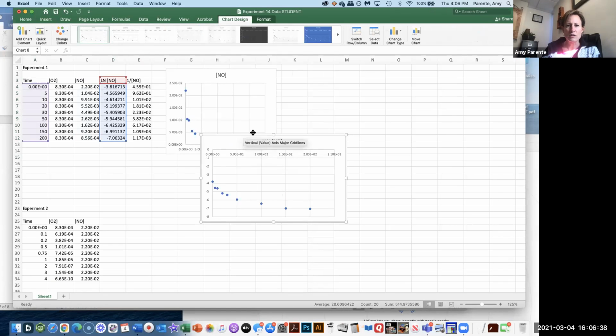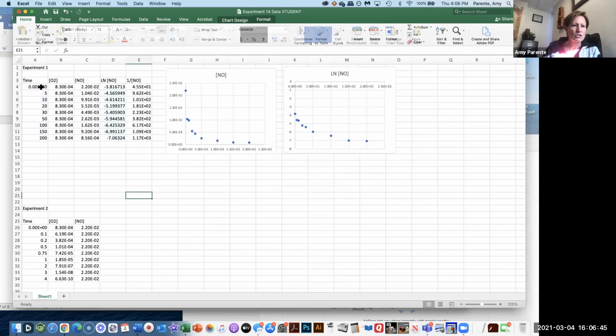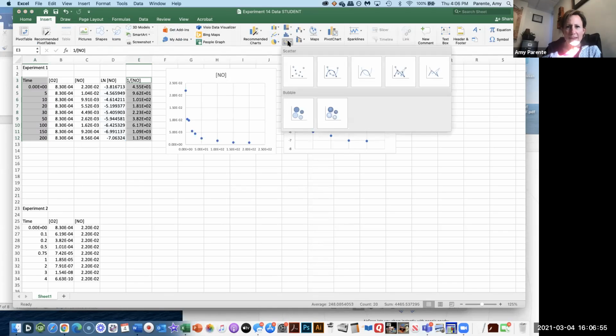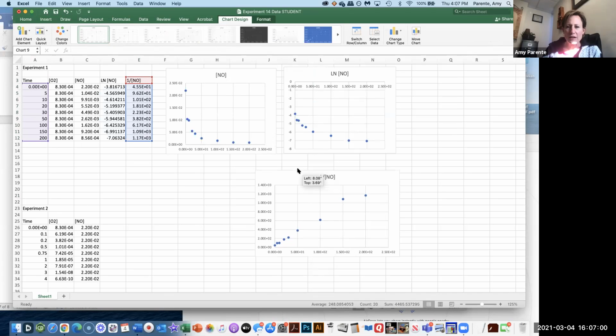Nope, still not a straight line. Okay, maybe third time's a charm here. My time data, command key, this guy, and I'm going to insert scatter plot. That looks like a pretty okay straight line.